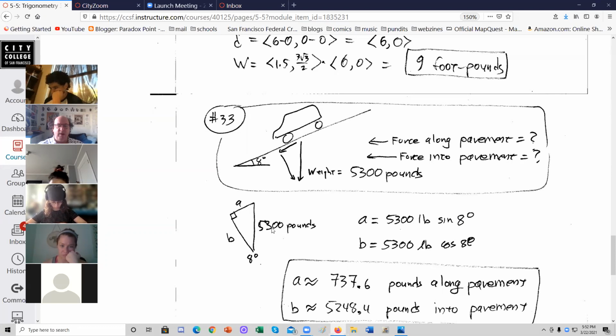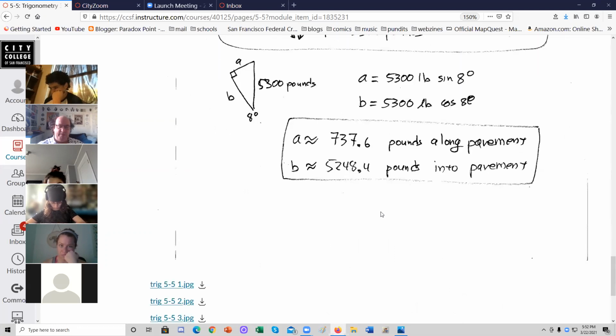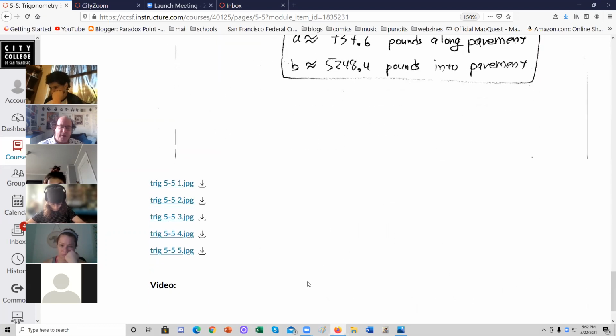B over 5,300 is cosine 8 degrees, so B equals 5,300 pounds times cosine 8 degrees. So it's 737.6 pounds of force along the pavement and 5,248.4 pounds into the pavement. Okay, I think that concludes that.